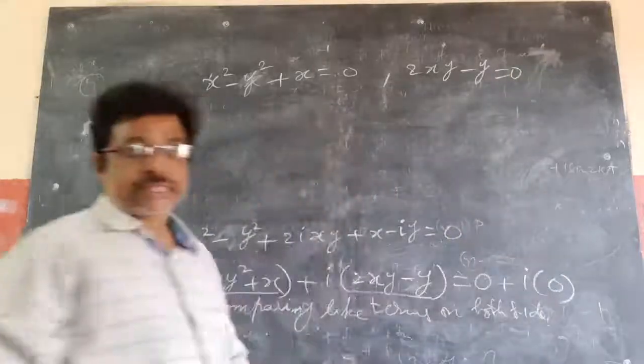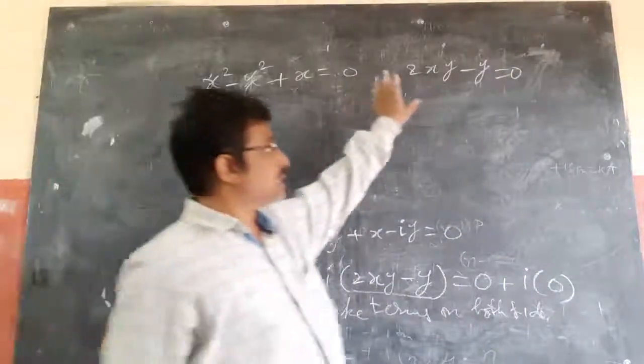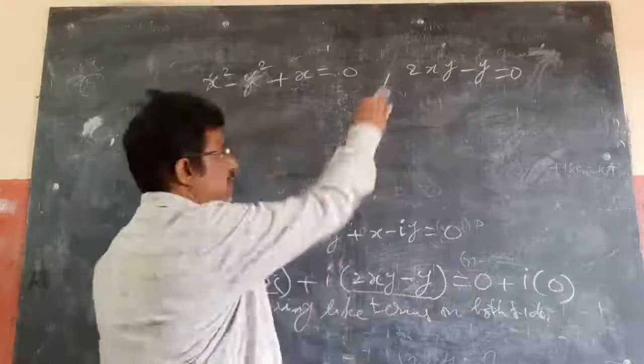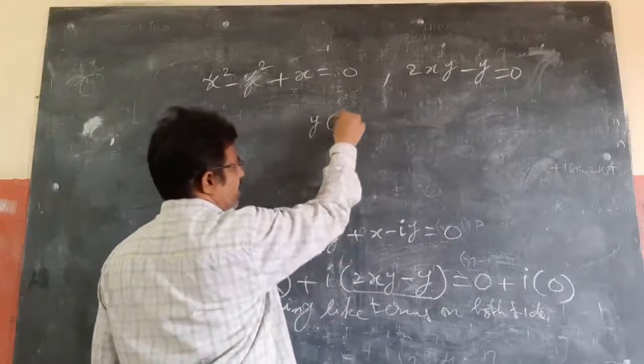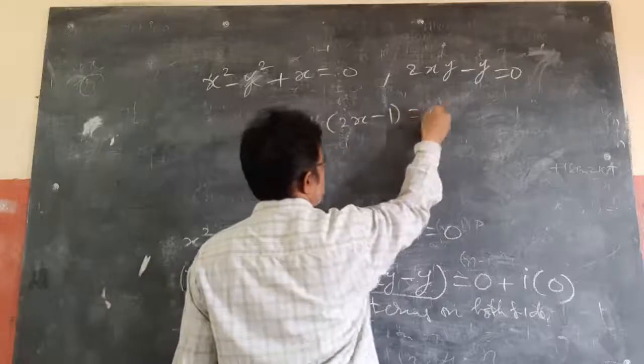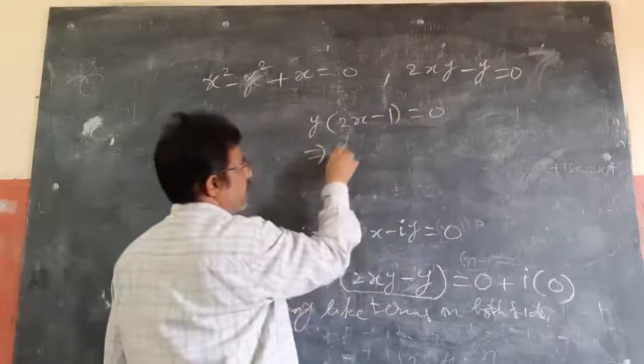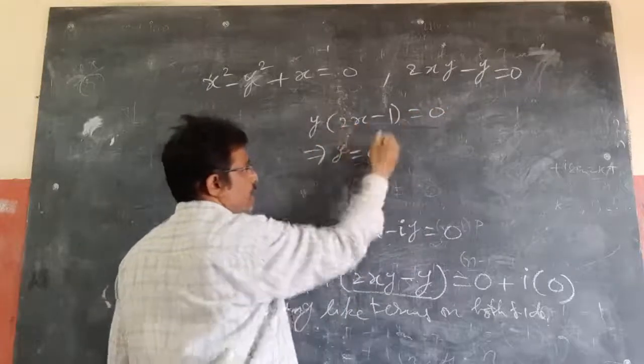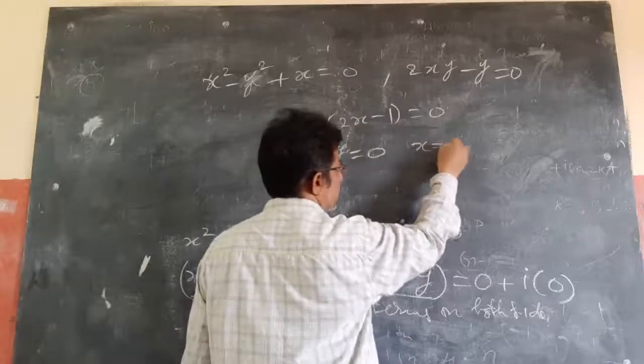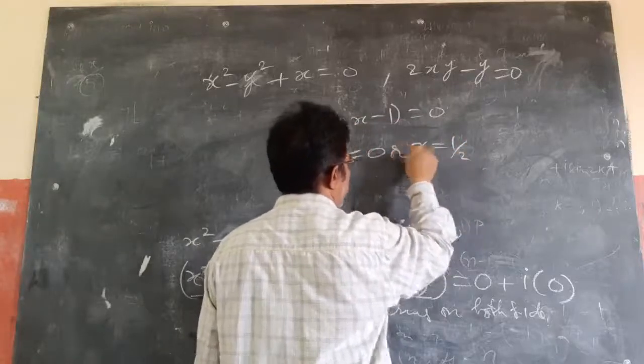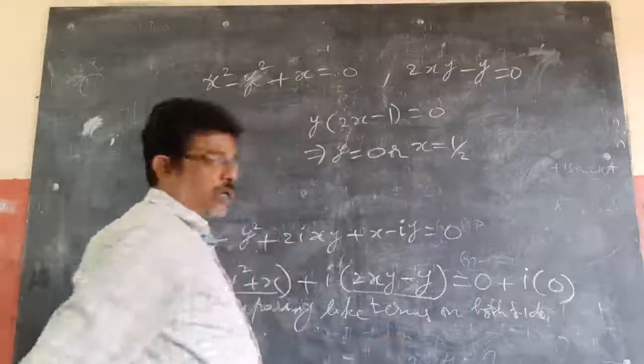Solving these two equations, I will take this second equation first, because if I take y common, y into (2x minus 1) equal to 0 implies either y equal to 0 or 2x minus 1 equal to 0, which implies x equal to 1 by 2. So y equal to 0 or x equal to 1 by 2.